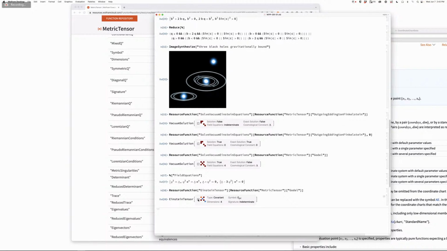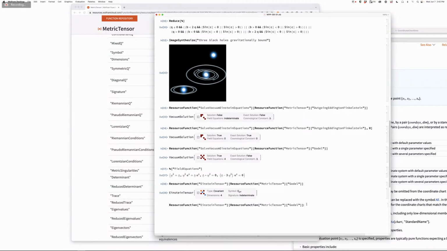So if you take the Einstein tensor, you can call reduced matrix representation, and that will show you the matrix representation of that tensor with all known algebraic equivalences imposed. You can call matrix representation or reduced matrix representation, depending on whether you want it to be auto-simplified or not.